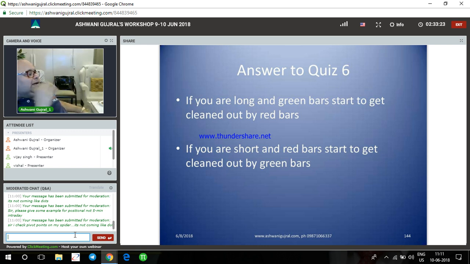This is the first sign I look for. If I am long and green bars get cleaned out by big red bars, not small, big red bars, there's a problem. If I am short and red bars start to get cleaned out by big green bars.